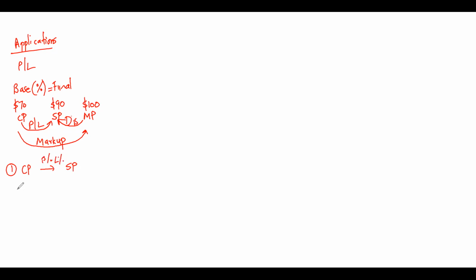So the expression is that selling price is equal to cost price into 1 plus or minus profit or loss over 100. Now, I don't want you to just remember this expression. I want you to understand what is happening. We're actually using a percentage change expression here.